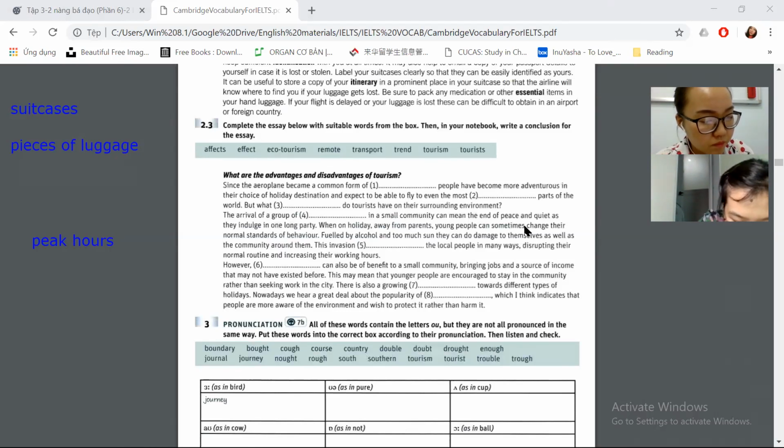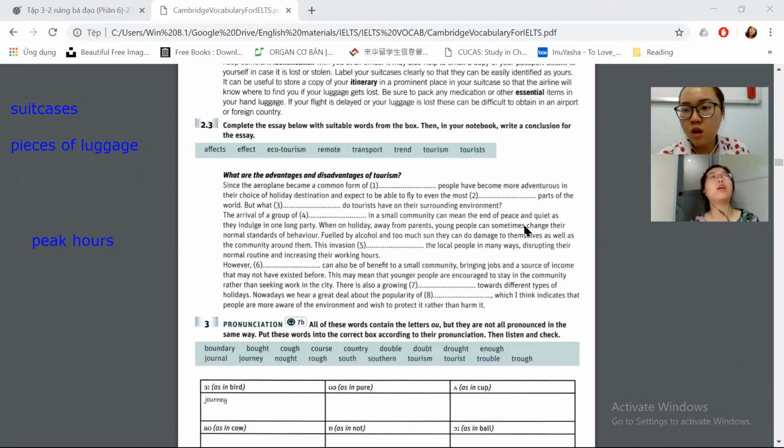The arrival of a group of tourists. Yes, tourists with an S.